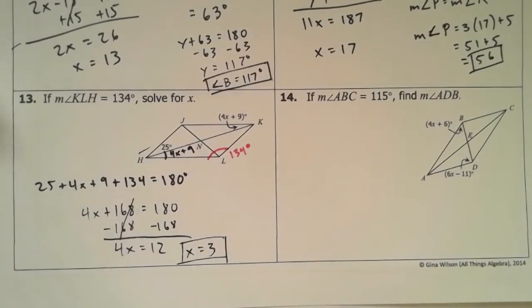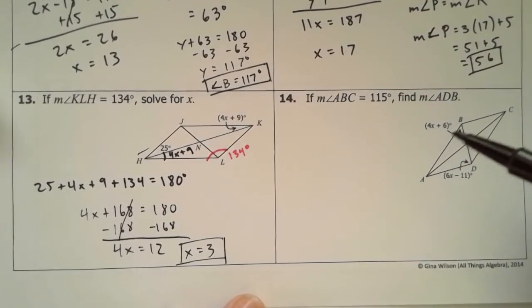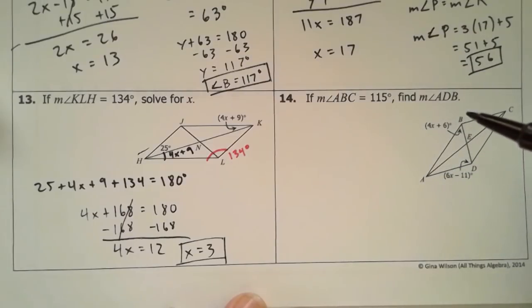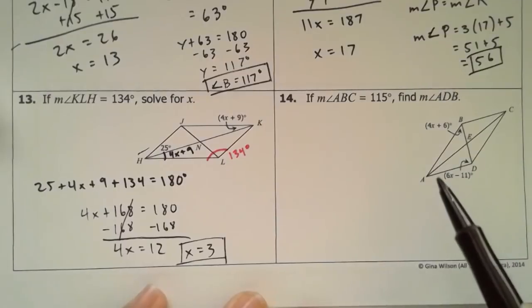Last one in this part. I have the measure of angle ABC is 115, so ABC, the entire thing, is 115. Find the measure of angle ADB. ADB is part of it, just half of the opposite side. So I know the whole thing is 115. You can use alternate interior angles again.